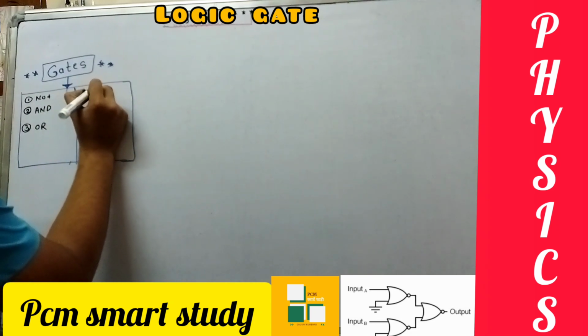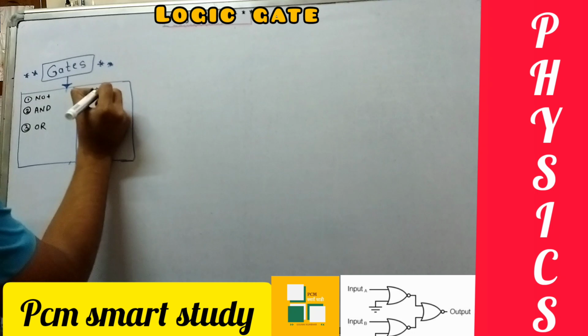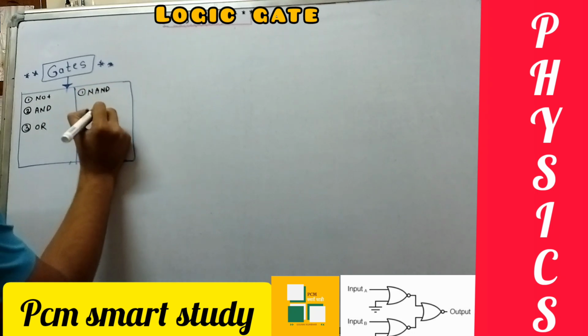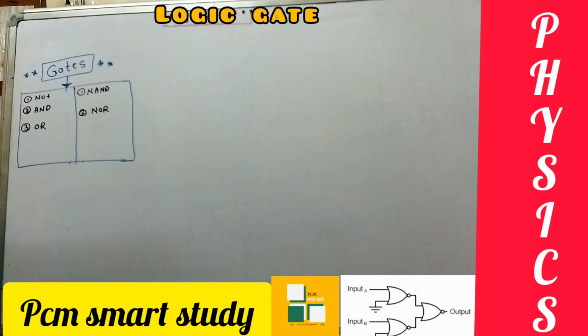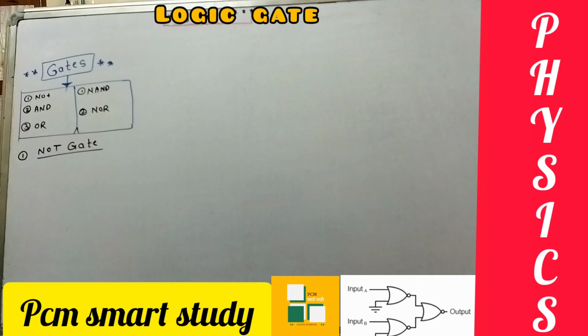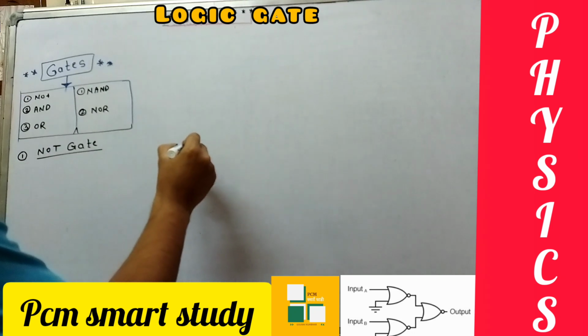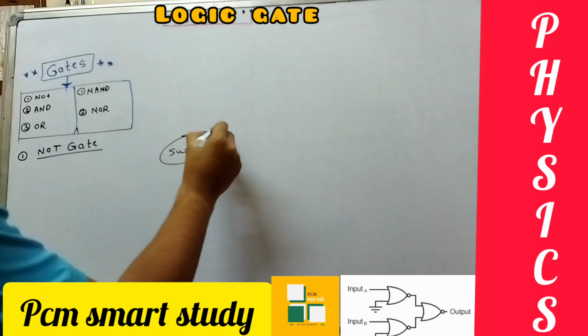Okay, so firstly we study the NOT gate. But before that, for easier understanding, we can take one example. A switch is only on or off.